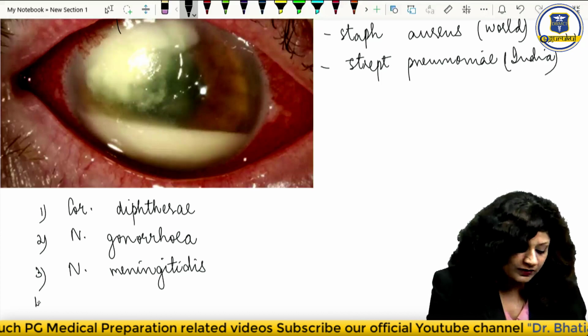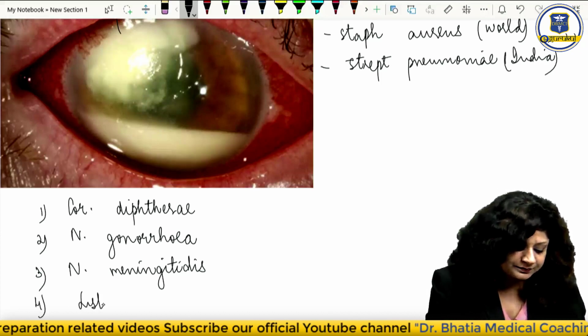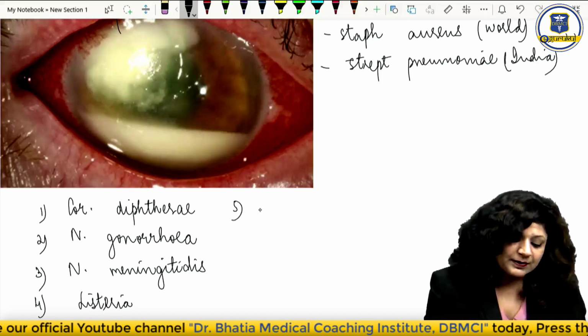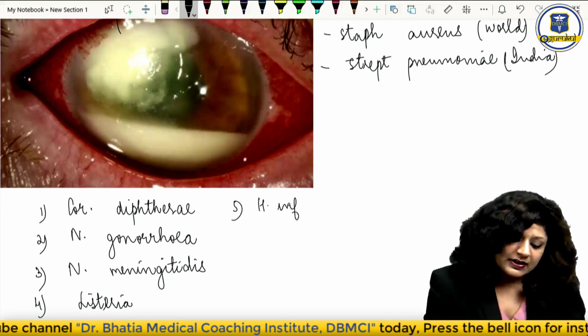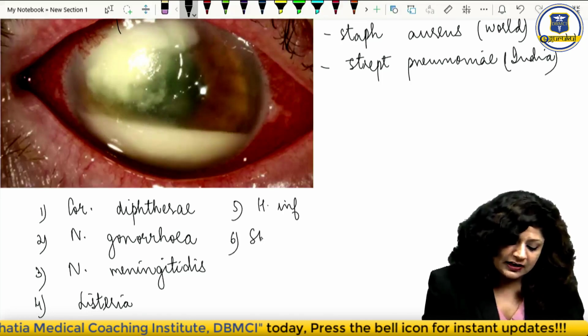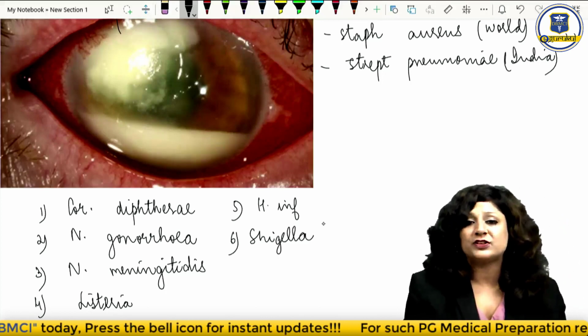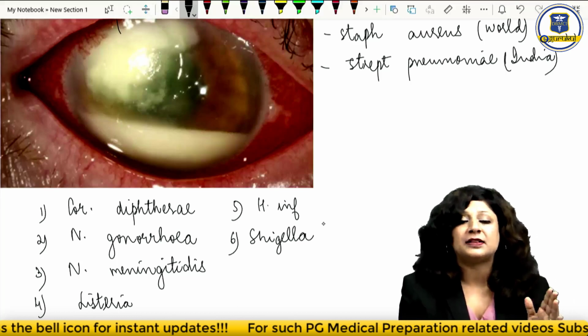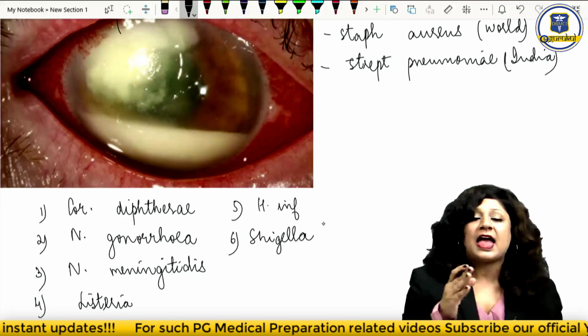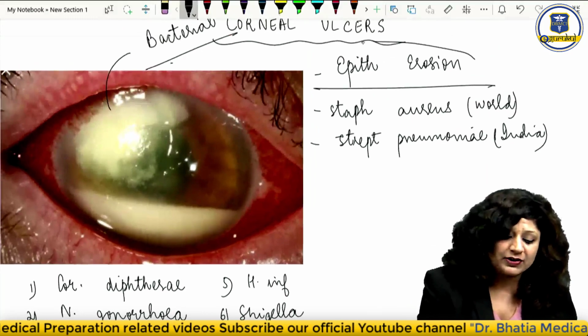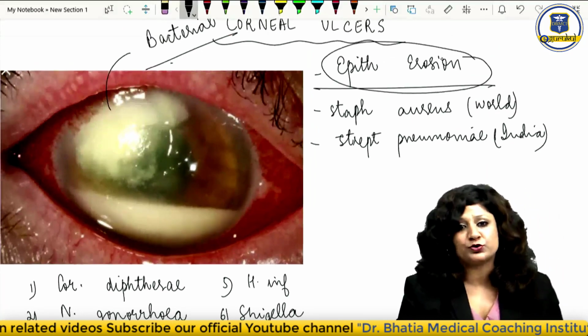Then the fourth one is Listeria. And fifth is H. influenzae. And finally we have Shigella. Now this is again an important MCQ. All those bacteria which can invade the intact corneal epithelium are these, and apart from these, bacteria will always cause corneal ulcer whenever there is epithelial erosion.